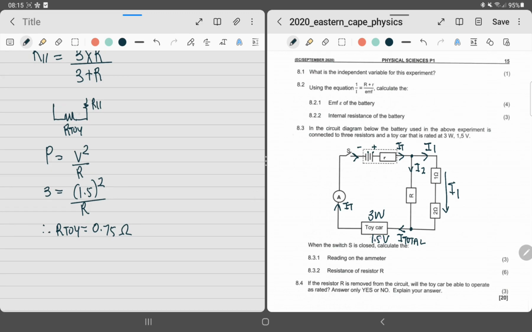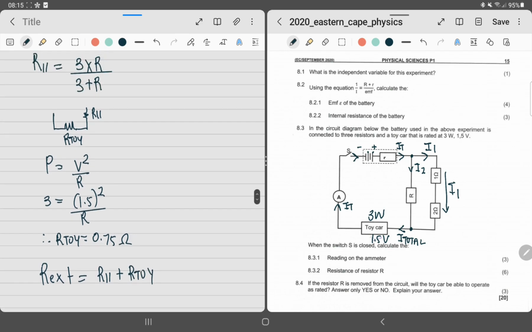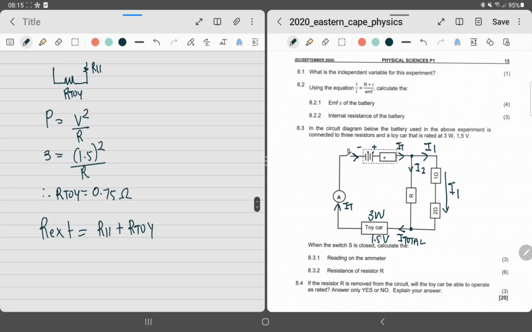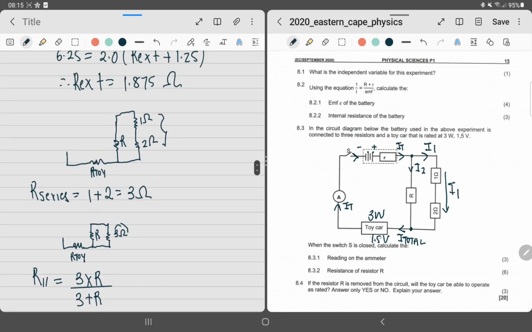These two are connected in series, so we'll just add both of them. So R external should be equals to the parallel combination plus the resistance of the toy. R parallel should be equals to 3R all over 3 plus R. The resistance of the toy is 0.75. But R external is 1.875. We've calculated it.